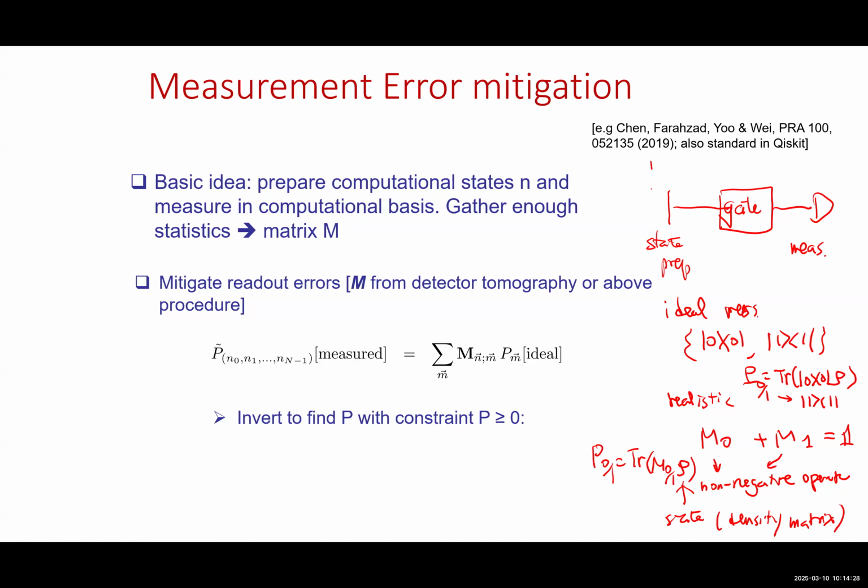I can also prepare the plus state, minus state, or plus minus i. I can feed the machine these different states by doing the preparation, including the gate, and you can measure 0 and 1. This is usually called detector tomography.